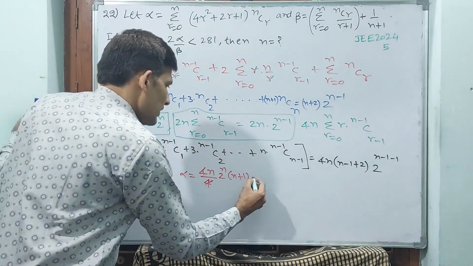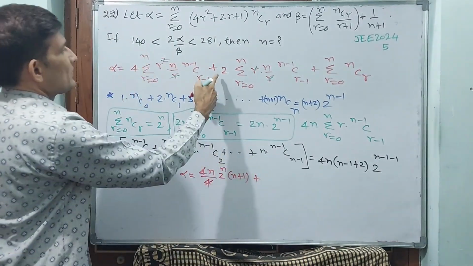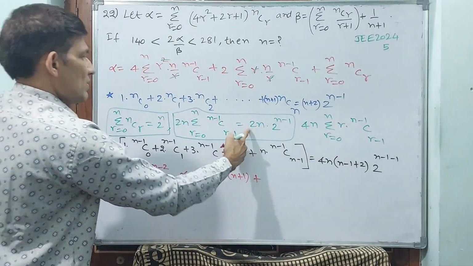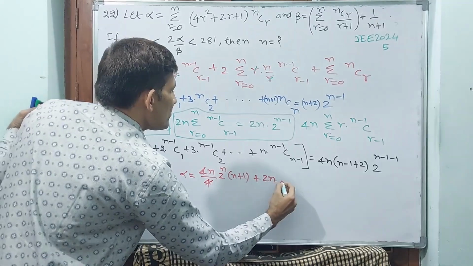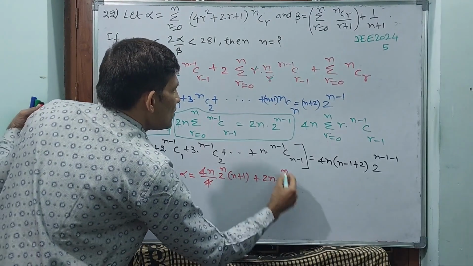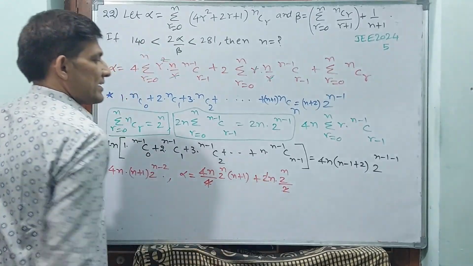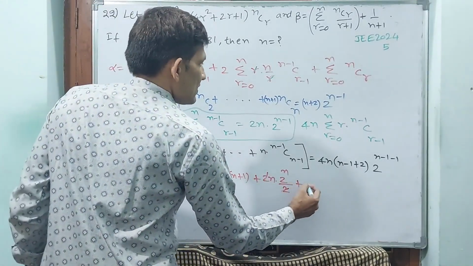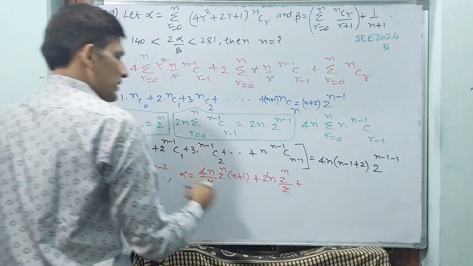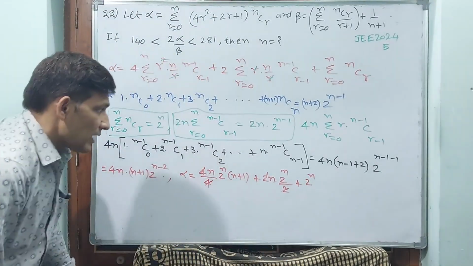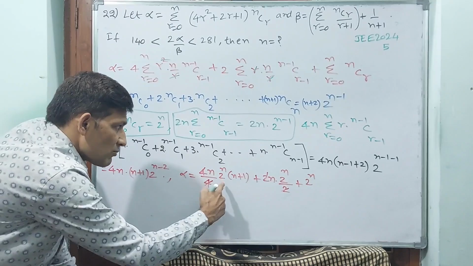Okay. Now see, plus second one is this one, 2n into 2 power n by 2 power minus 1. That means 2 will get cancelled out. And the third one is this one, 2 power n simply. Okay, 2 power n. See, in every term 2 power n is there.